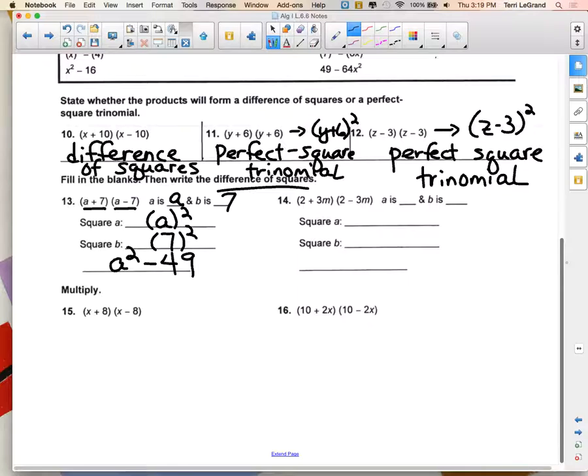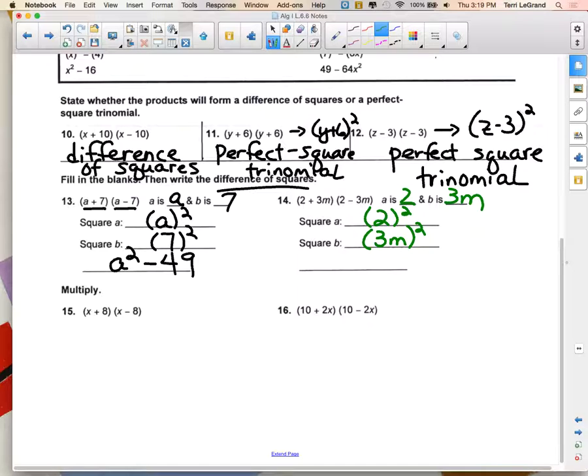Okay, how about number 14? Would that be the difference of two squares? Difference of squares? Yes. They both start with 2. They both end with 3m. One's got addition, the other's got subtraction. So what's our a value? 2. What's our b value? 3m. So we square our a. We square our 3m.